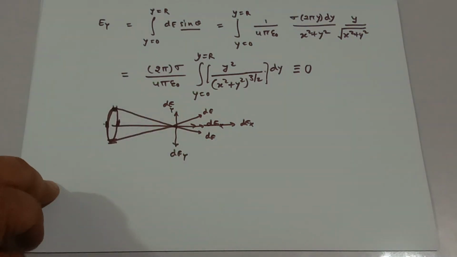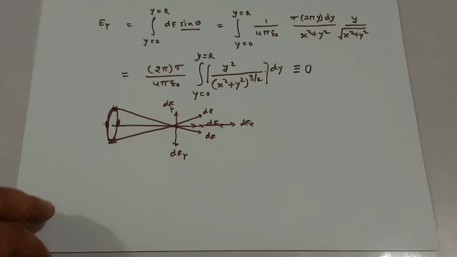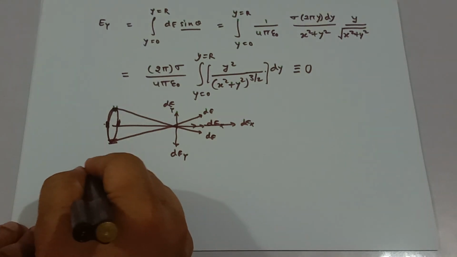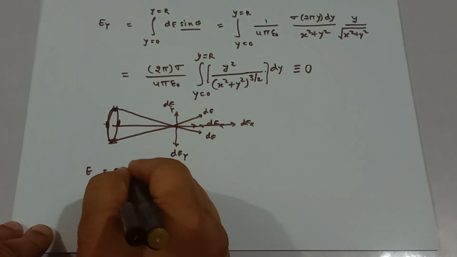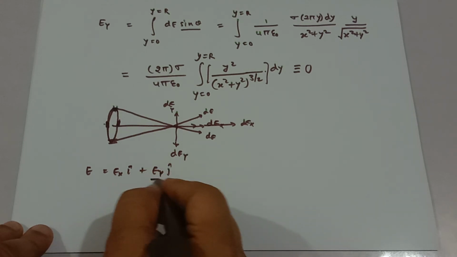So by this argument we can see that the electric field along the y-axis in this case should be 0, and the electric field along the x-axis we have already calculated. So the net electric field, you can say, E is Ex along i plus Ey along j, and this basically is 0.